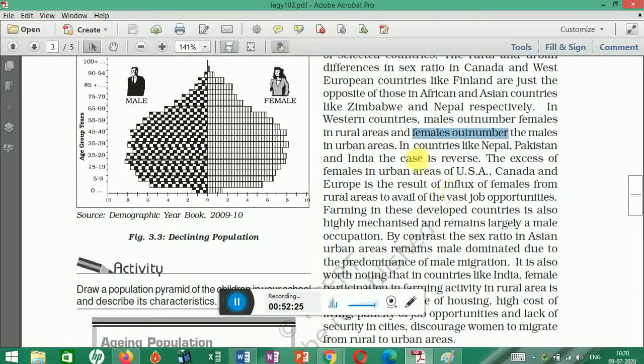Contrary to this, see, in countries like Nepal, Pakistan and India, the case is the reverse. That means in a country like India, there are fewer females in the big cities and there will be more females in the villages. Because in case of India, Nepal, Pakistan, migration is mainly done by the males.